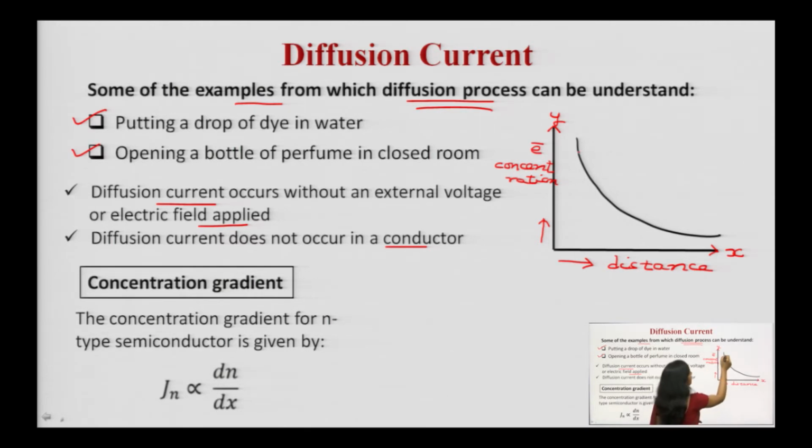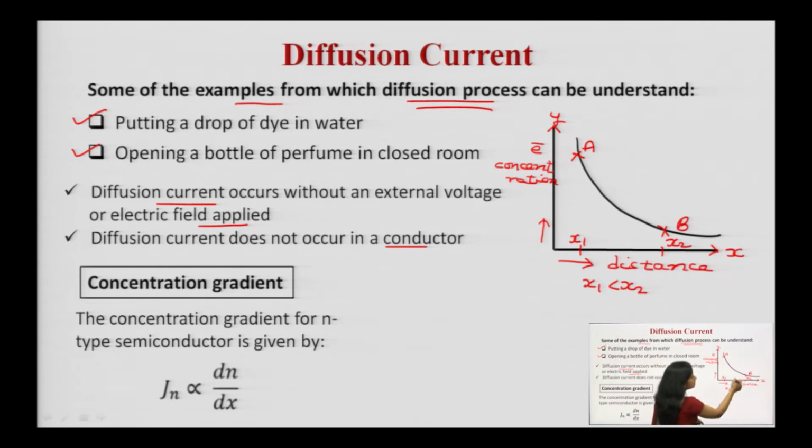Let us take a point A and a point B. You can find the concentration at point A is high in comparison to the concentration at point B. The distance at this point is x1, at this point it is x2, x1 is less than x2, and the concentration of electrons is high at point A.